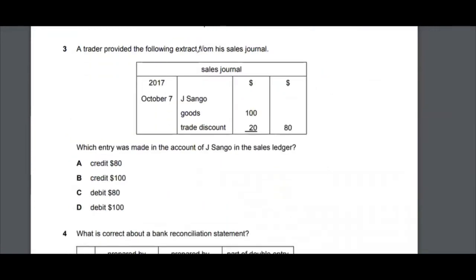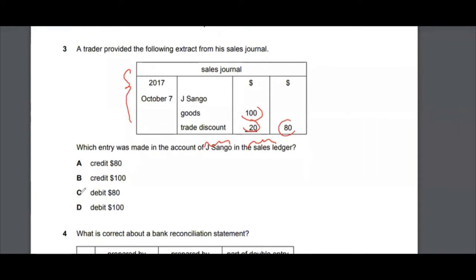A trader provided the following extract from his sales journal. Which entry was made in the account of J. Sango in the sales ledger, right? So what was the entry made? Let's see. Goods sold were for $100, trade discount given was $80.